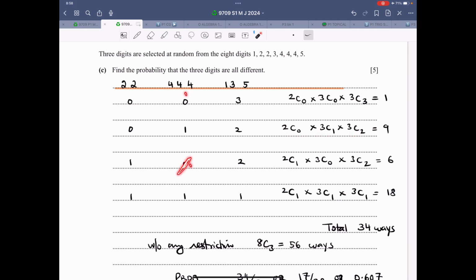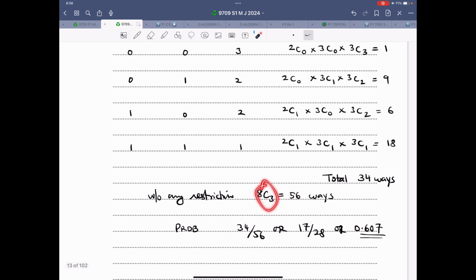Do not choose the 4, choose 1, 2, choose 2 of them. 2C1, 3C0, 3C2, that answer is 6. And last option, choose one of each, 2C1, 3C1, 3C1, that's 18. Altogether, it's 34. Without any restriction is 56. Probability is 34 over 56, 17 over 28.